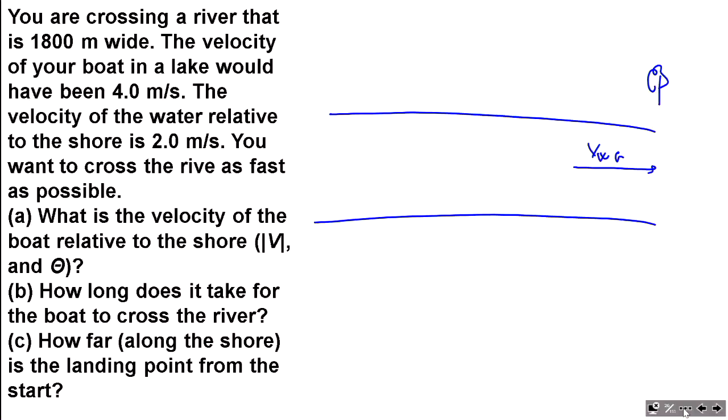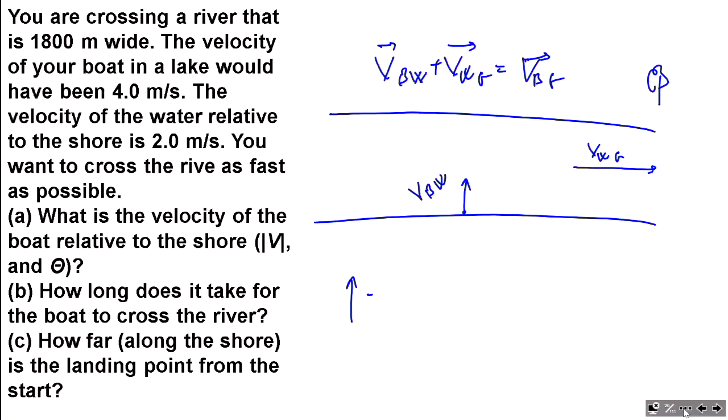And we want to cross it as fast as possible. So that's how we aim the boat. This arrow represents the velocity of the boat relative to water. And as we know, the velocity of the boat relative to water plus velocity of water relative to ground equals velocity of boat relative to the ground. These are vectors.